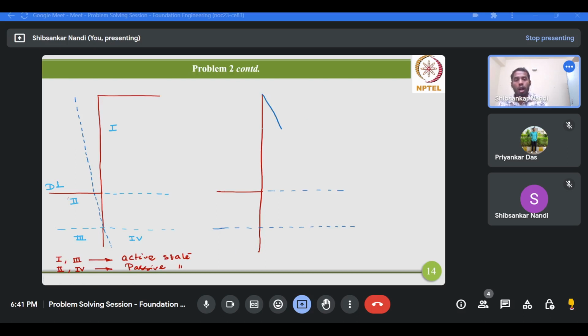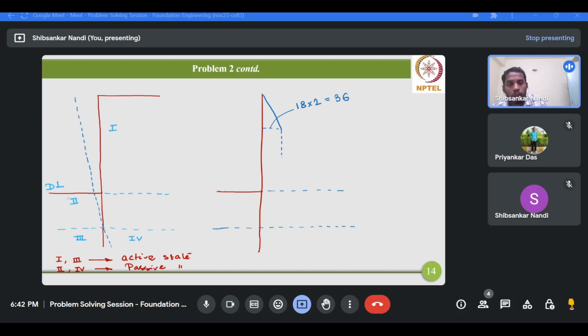Up to the water table, this value would be gamma sat multiplied by 2, that means 18 multiplied by 2, which gives 36.